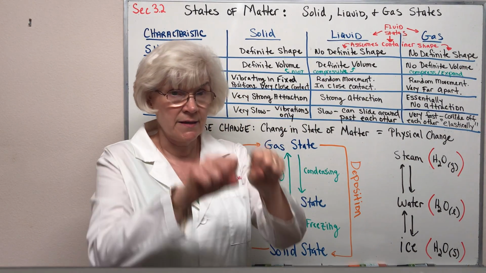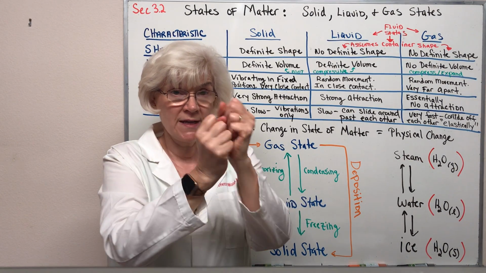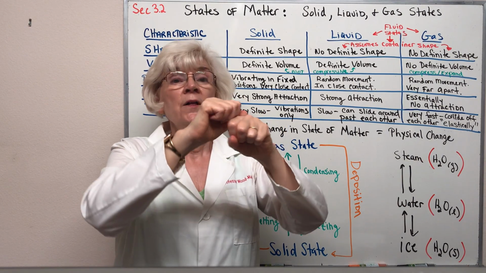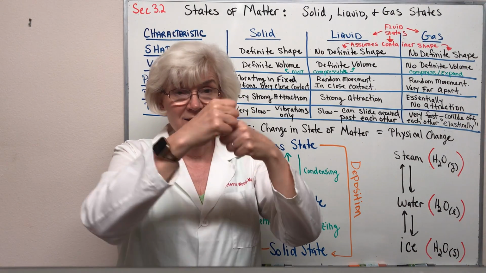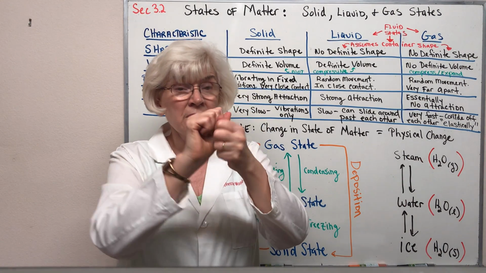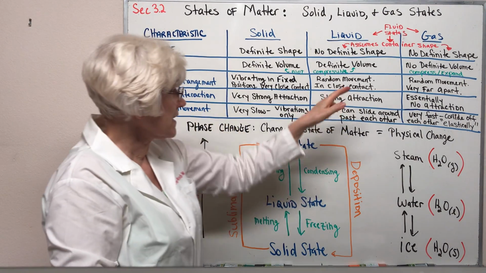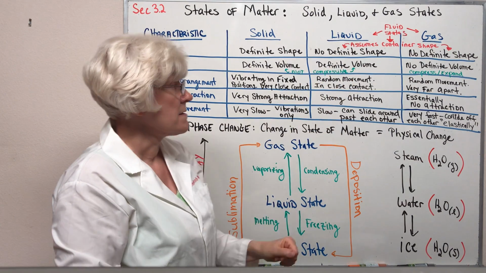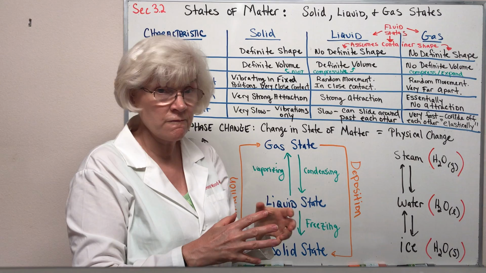Liquids, on the other hand, the particles that make up a liquid are able to move translationally. They're able to move from point A to point B. The movement is random, though. They are in close contact with each other and randomly moving and sliding around past each other. Because they are in close contact, liquids are also not appreciably compressible, meaning they have a definite volume.